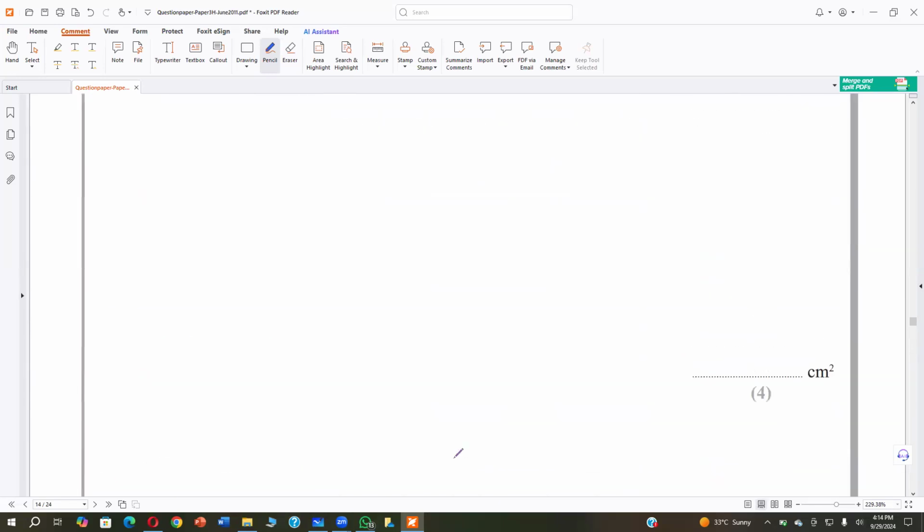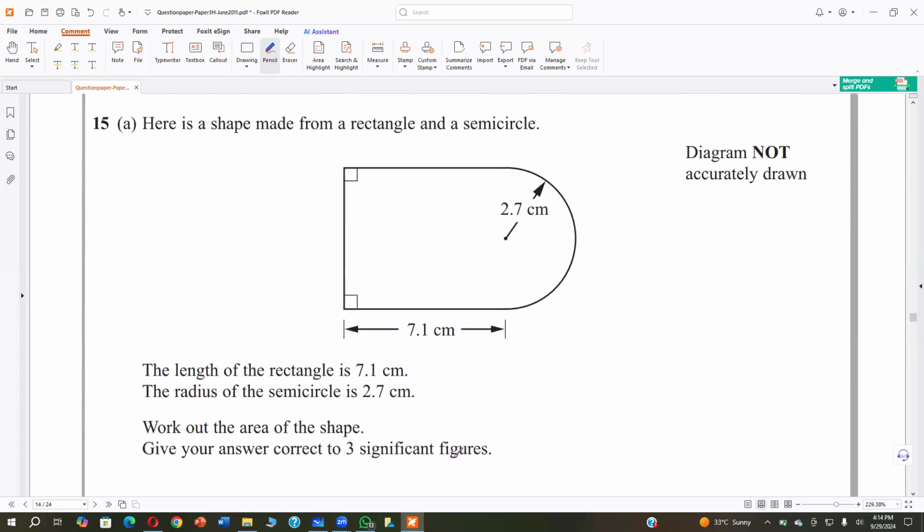Look at this question now. Here is a shape made from a rectangle and a semicircle. The length of the rectangle is 7.1 and the radius of the semicircle is 2.7. Work out the area of the shape.